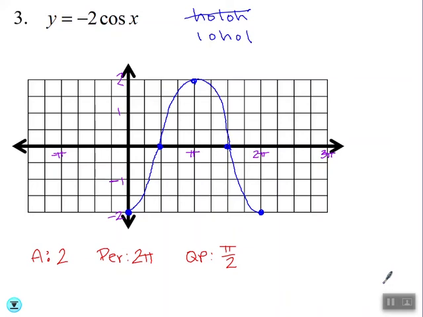And there we have one period of this function. Our domain, again, is all real numbers because we could continue this pattern forever. And our range is -2 to +2.